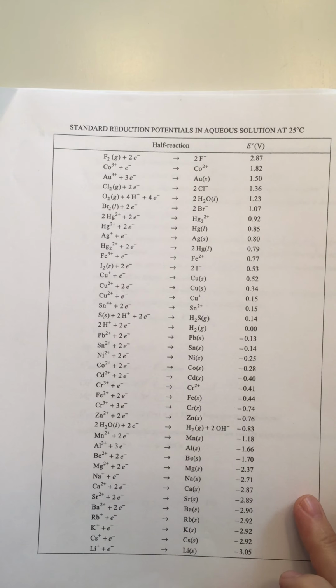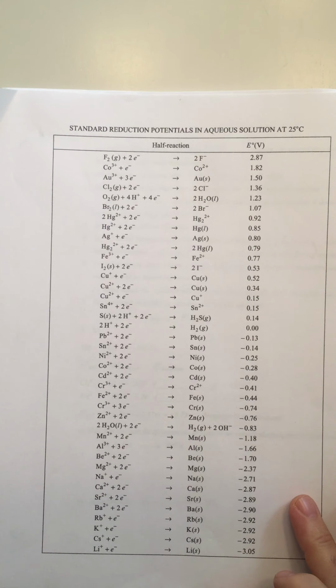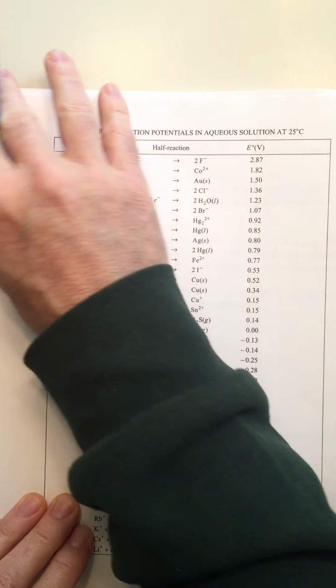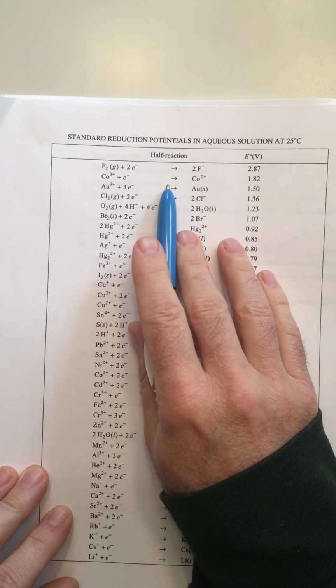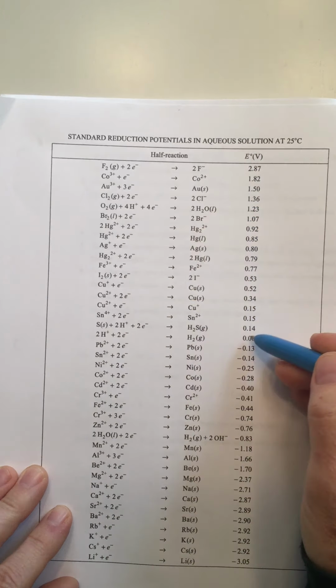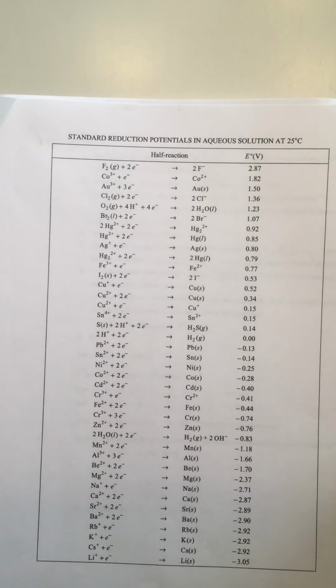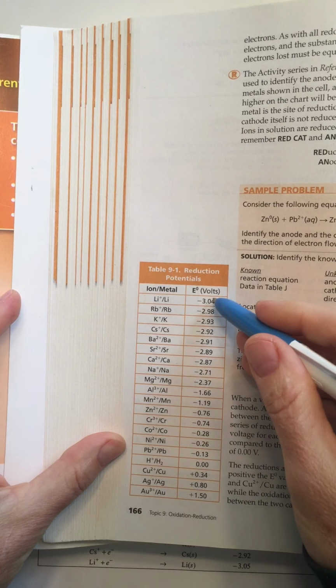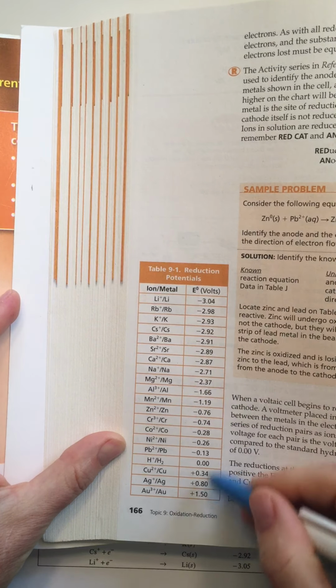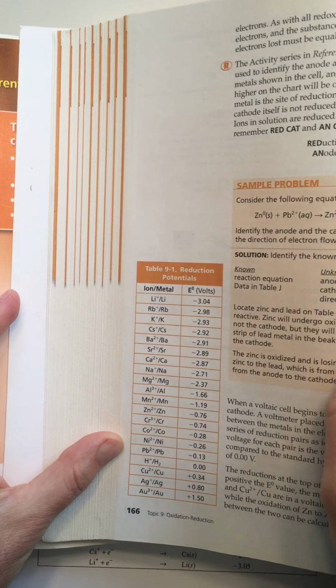These are set up essentially the same way, but be careful. This is going to show the positives on the top and negatives on the bottom. In your Regents Review book, it shows the negatives on the top and the positives on the bottom. So be conscious of that.